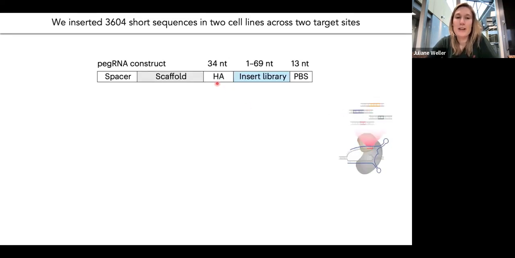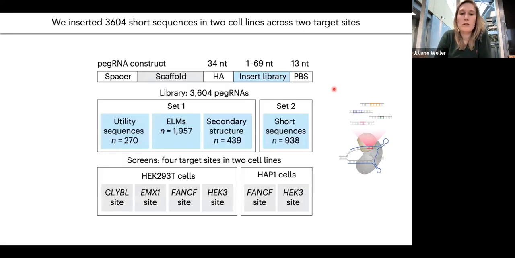So having a closer look into the pegRNA, I mentioned we have a spacer, a scaffold, a homology arm, which is part of the target sequence after the spacer, inserts, and then the primer binding site. And we looked at inserts from 1 to 69 nucleotides. So we built a library of over 3,600 pegRNAs.